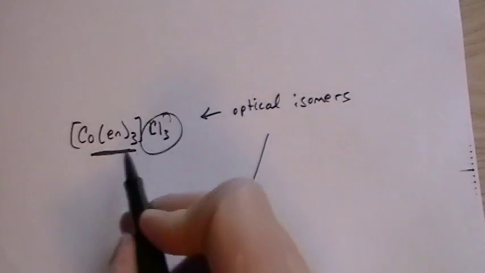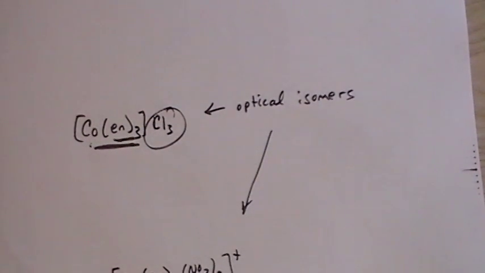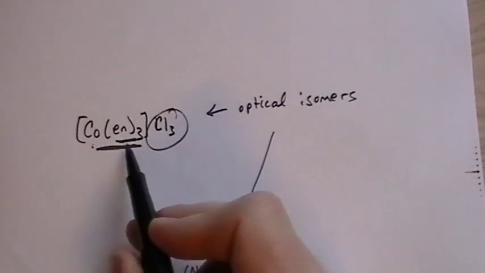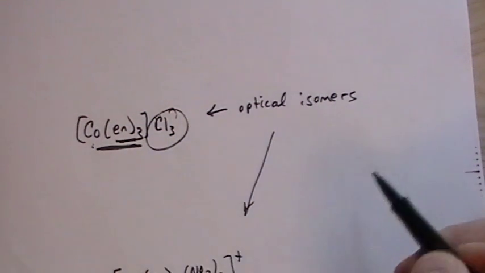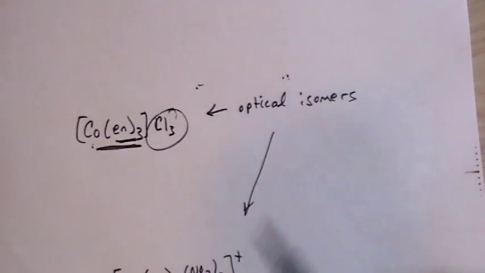It doesn't matter what this is. If you see a metal ion with this attached, then it is going to be optically active, and the mirror image is going to be an enantiomer. If a molecule and its mirror image don't overlap, then they are enantiomers. If they do overlap, then they're the exact same compound.